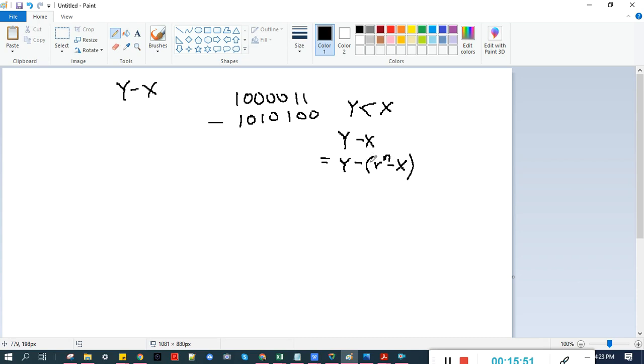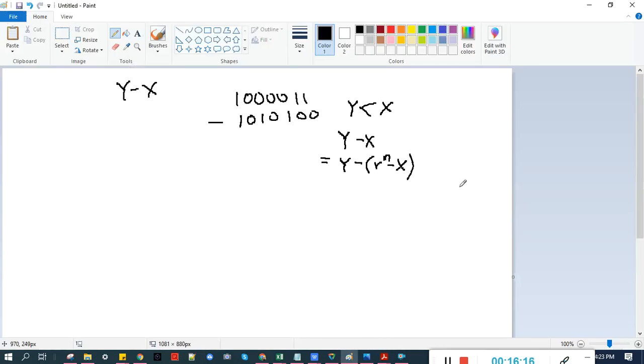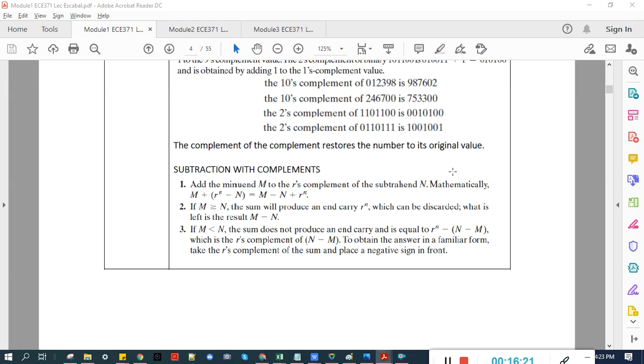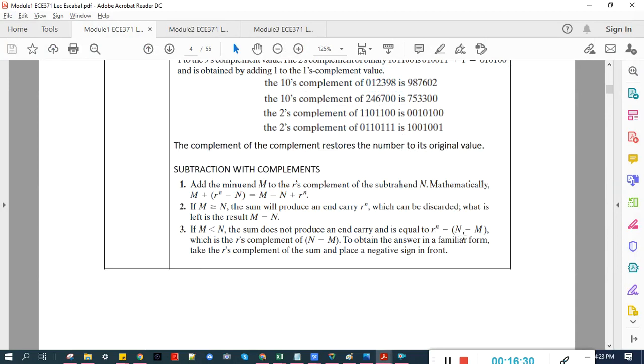So with the result, this is y plus x minus r to the n. The sum does not produce an end carry, and as I have observed, this becomes y minus r to the n.